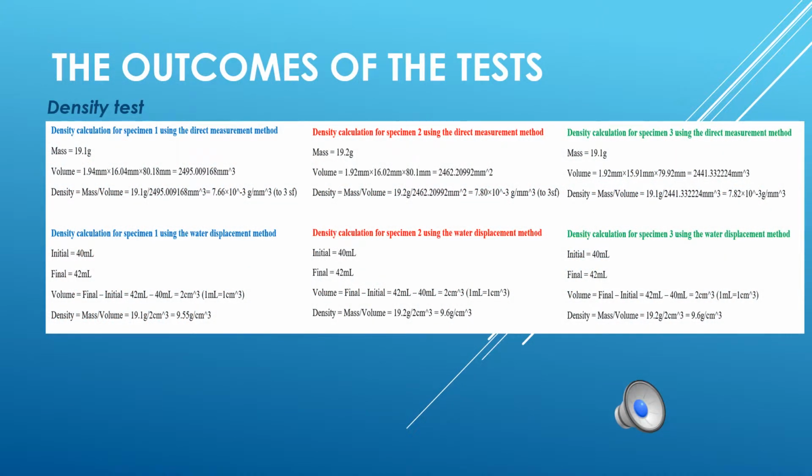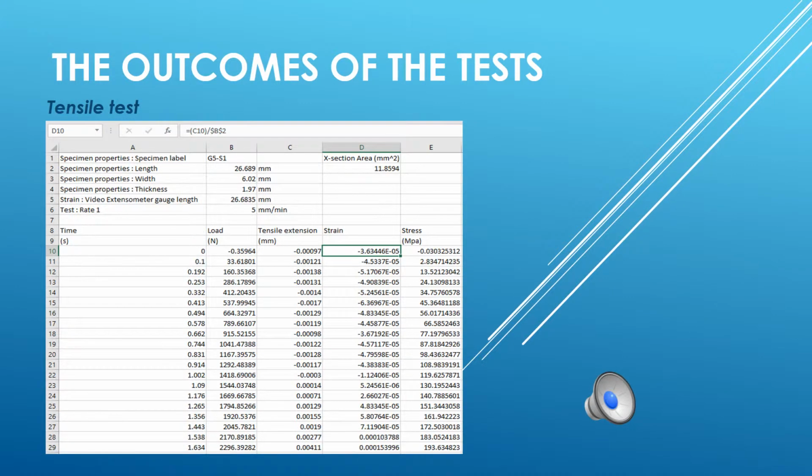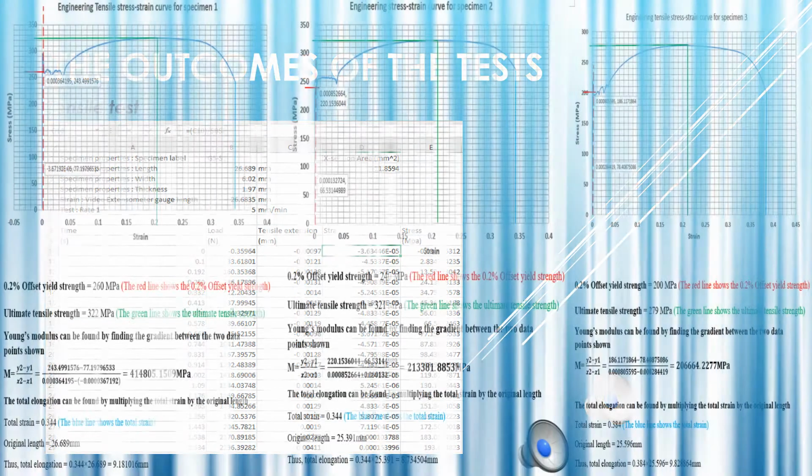The outcomes for the density test is shown here for both the direct and indirect measurement methods, where it was calculated using all the data obtained during the test. The primary outcome for the tensile test was the data of the load, extension, and the sample dimensions, where it was required to calculate the stress and strain in order to plot the stress-strain curves for the 3 specimens.